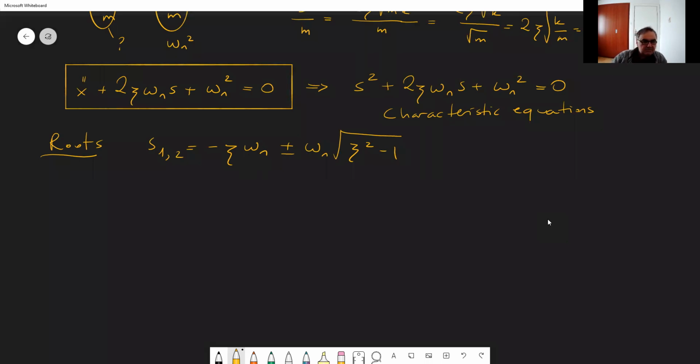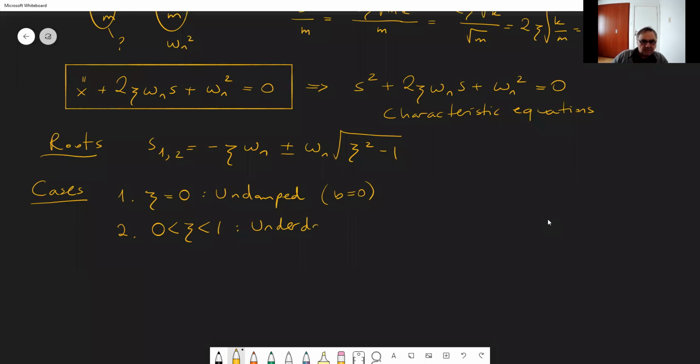Now, depending on zeta, we will have different cases. The first one is zeta equals 0, which is the undamped case. Zeta equals 0 means b equals 0. There is no damping. We know this case. The second possibility is zeta between 0 and 1. It is called underdamped.